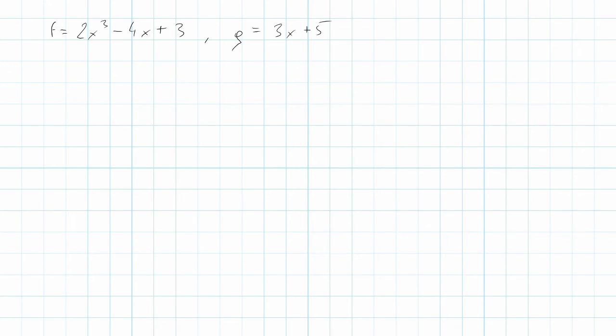So what we do, we divide them by each other. There are a couple of ways of writing it down. I will use the following notation: 3x plus 5, and now we divide the leading coefficients by each other. So we divide these two by each other, so we have 2 over 3.